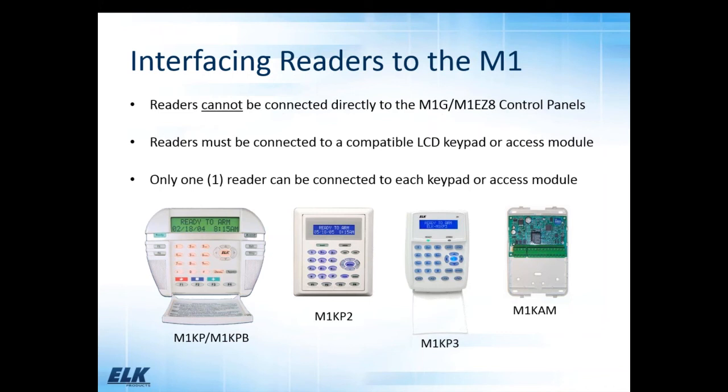The M1 can accept 16 Type 1 devices, and that includes keypads, access modules, and remote power supplies. So that's where we get that number of 16 entry points or doors. That's not a restriction on the outputs of the system. As I stated earlier, you could have up to over 200 outputs on the system. So that 16 entry point limit is based on the number of keypads one M1 can support.